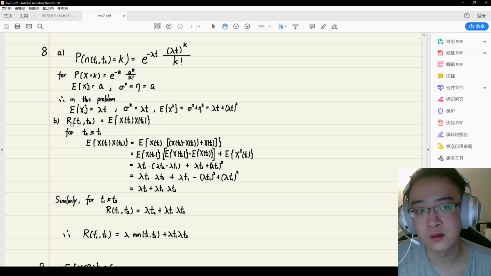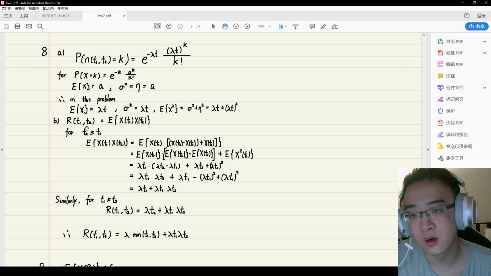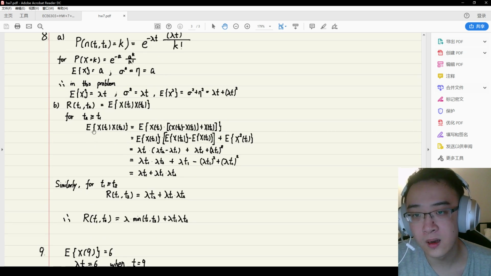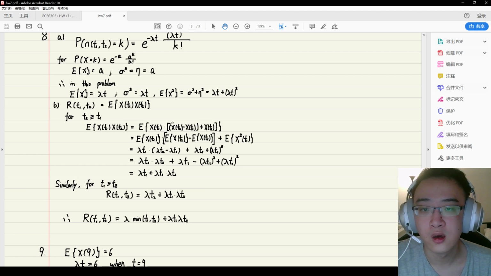For the first situation, when t2 is bigger than or equal to t1, X(t2) is equal to X(t2) minus X(t1) plus X(t1), because these two cancel each other.